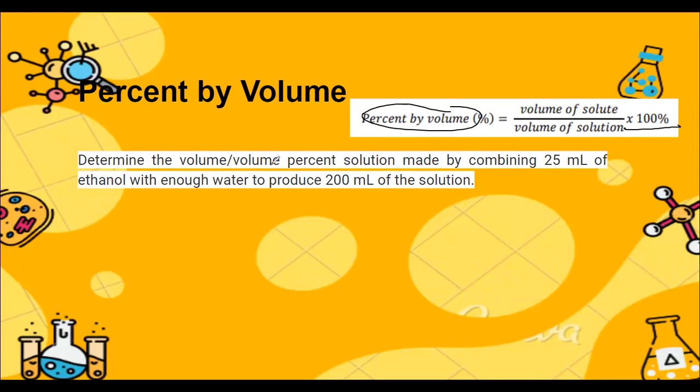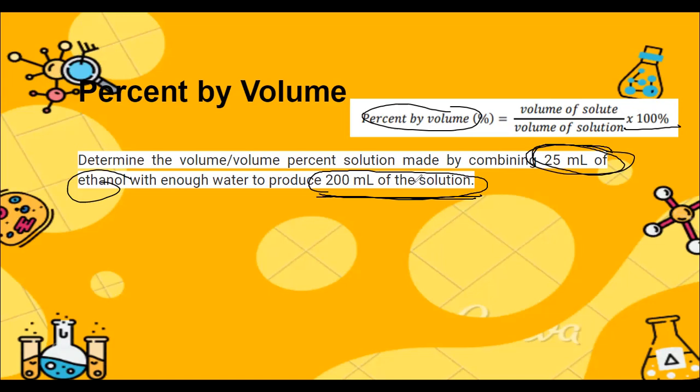So determine the volume percent solution made by combining 25 ml of ethanol with enough water to produce 200 ml of solution. So in our problem, the 25 ml of ethanol is our volume of solute, okay?